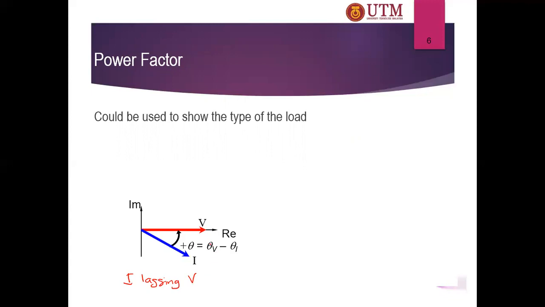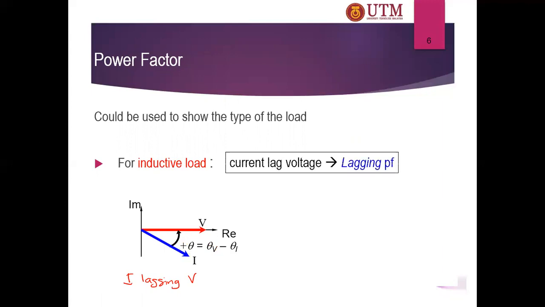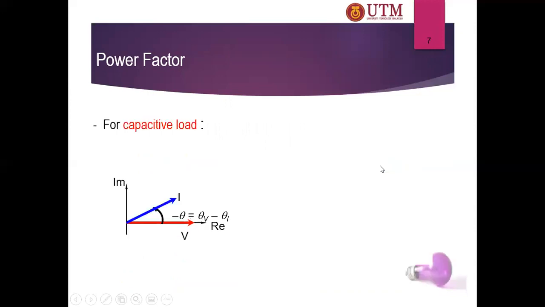So the phase difference, theta v minus theta i, should be positive, meaning that the circuit is an inductive load. This type of load will produce what we call the lagging power factor.